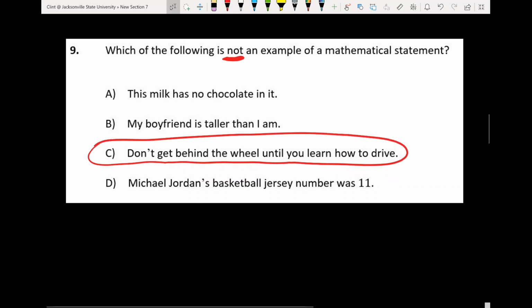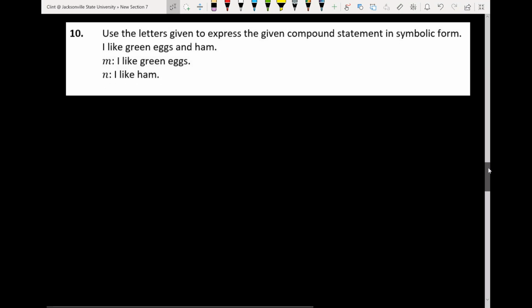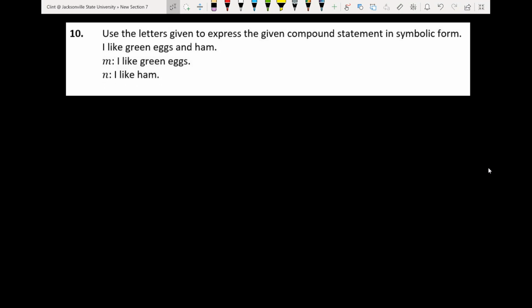Okay, so head to number 10 here. Number 10 tells us to use the letters given to express the given compound statement in symbolic form. And the statement that we're looking at is, I like green eggs and ham. We're trying to make that out of these two statements.